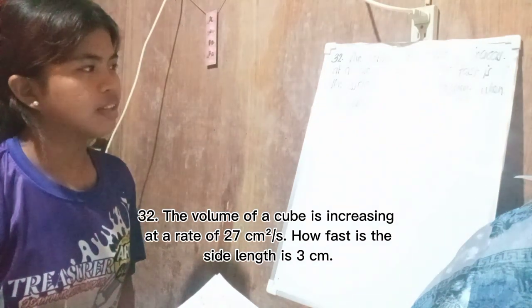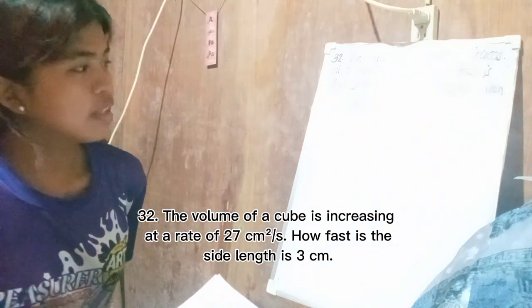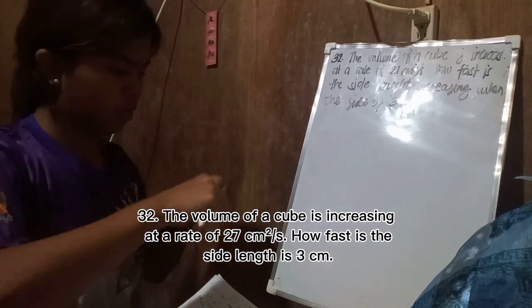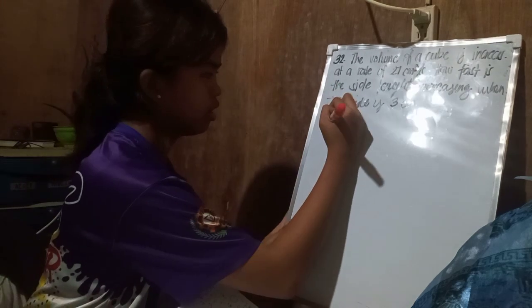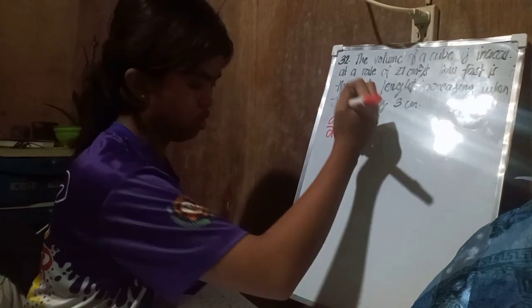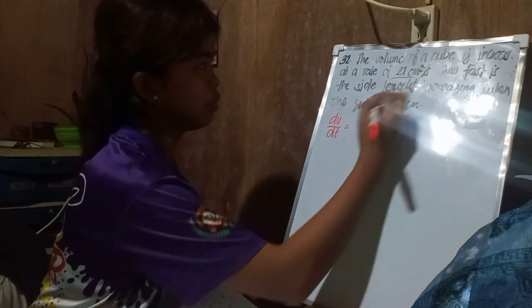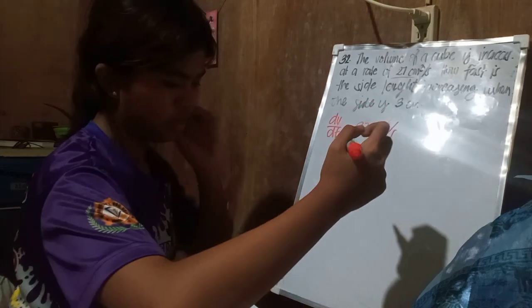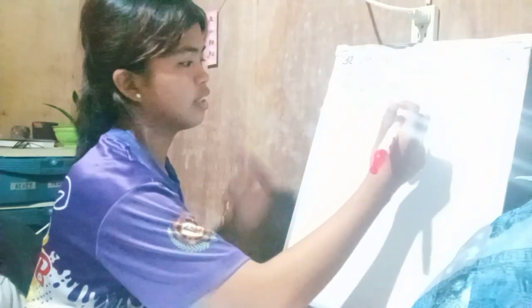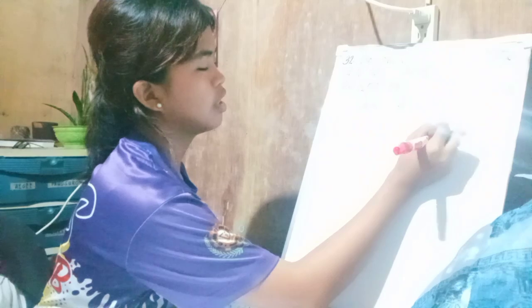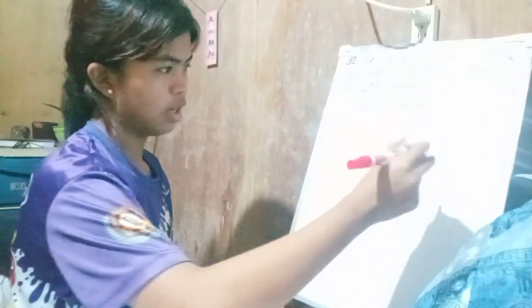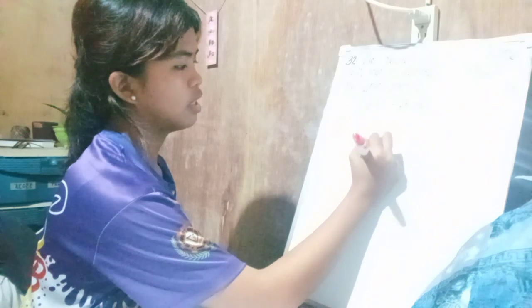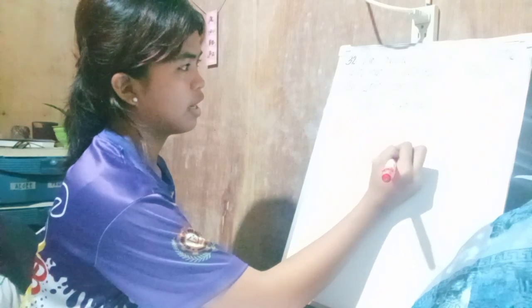How fast is the side length increasing when the side is 3 centimeters? So dV over dt is equal to 27 cm cubed per second, while its side is 3 centimeters. Now we're looking for the side length.